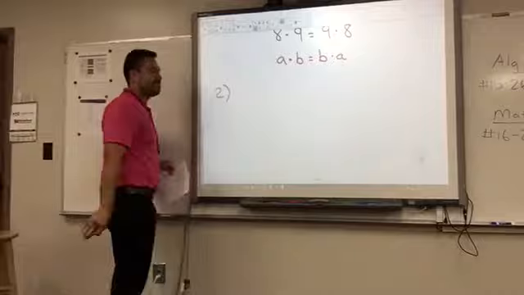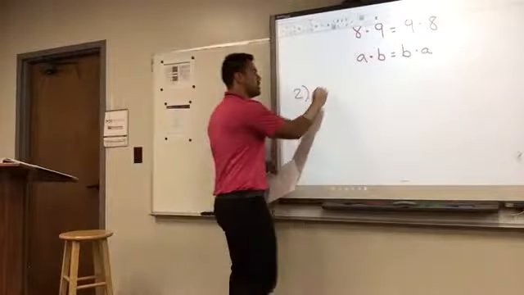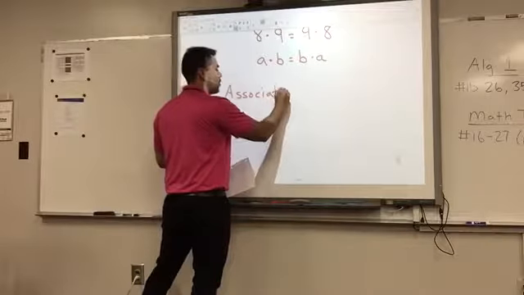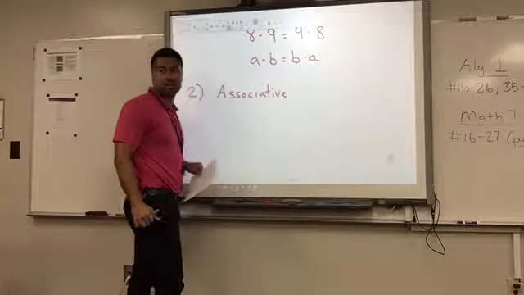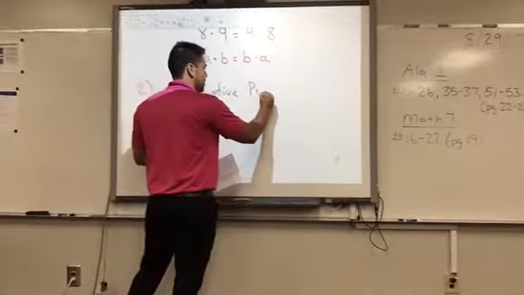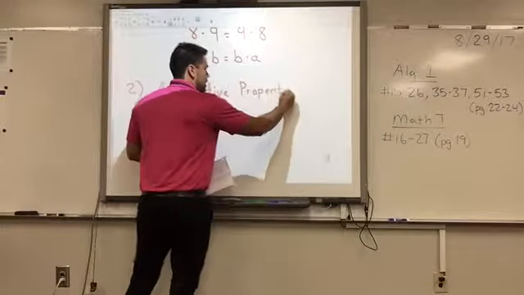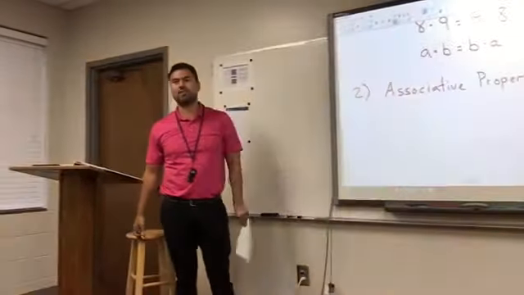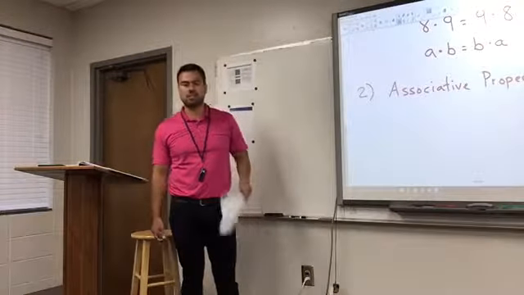All right. Number 2, the second property is called the associative property. And how many of you have heard of the associative property? Oh, I hope so. Yep. Associative property. And that word associate there, that's part of the definition of what we mean by associative property.